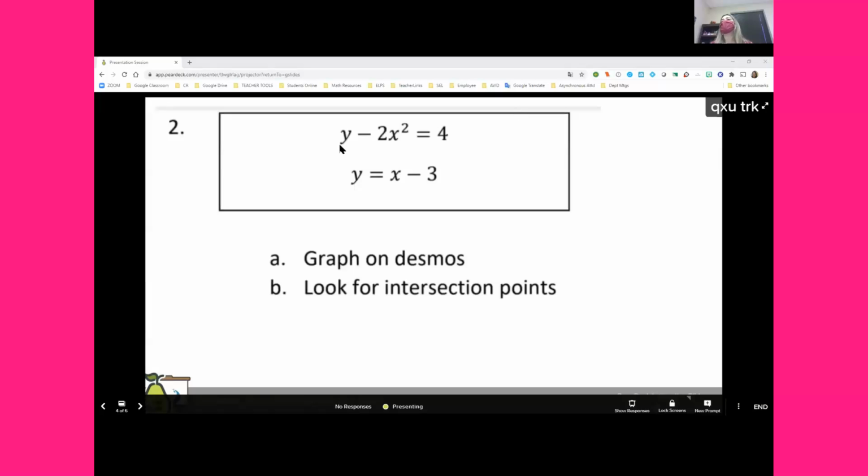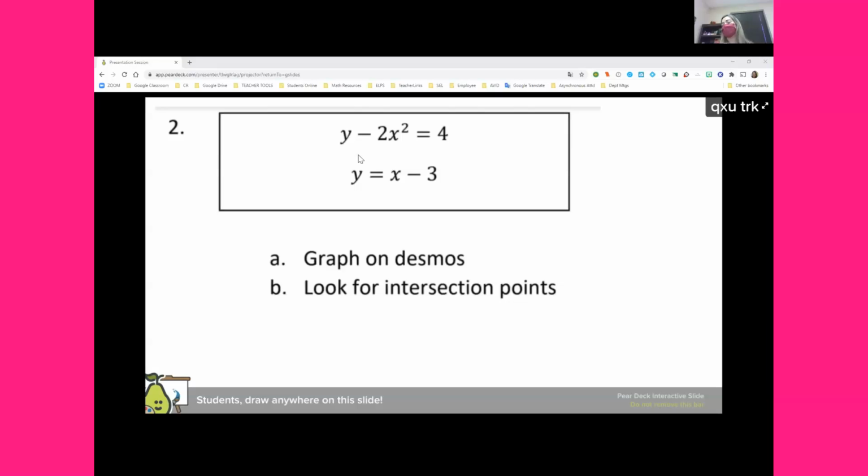Notice how the equation has a -2x squared. If you were to have a different type of calculator, you would have to solve for y. So you would have to move that -2x squared over. But luckily in Desmos you can type it exactly the way it is and it'll give you the graphs.